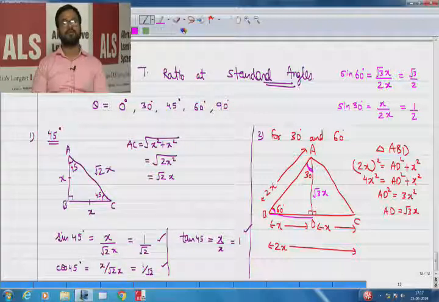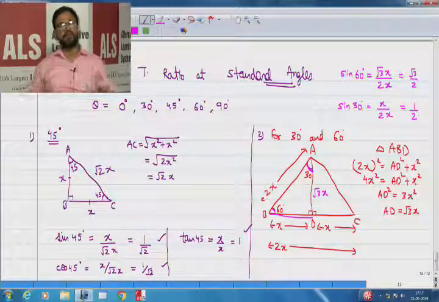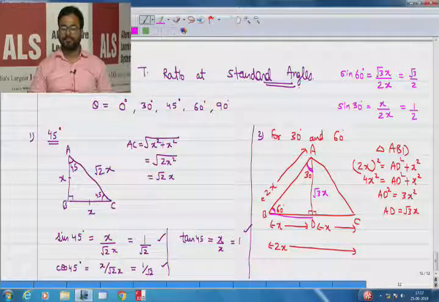Is this method clear for 30 degree and 60 degree? By drawing the triangle, you can find the ratio of all of the sides. Perfect.